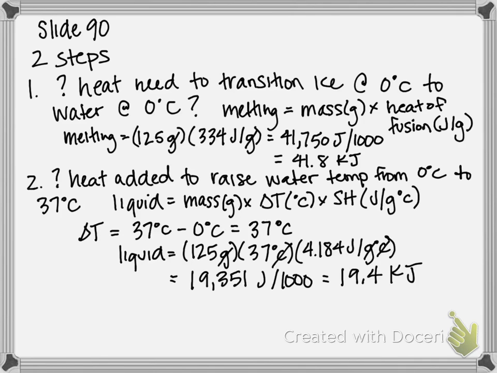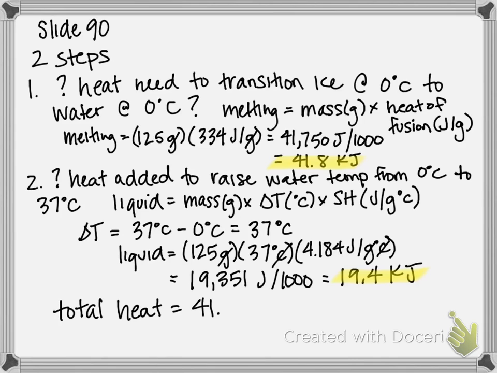So now we have our energy that's required to transition from ice to water at 0 degrees Celsius, and we have our energy that it takes to raise the temperature of our water from 0 to 37 degrees Celsius. Last step is to figure out total heat involved, and that is simply adding these two steps together.